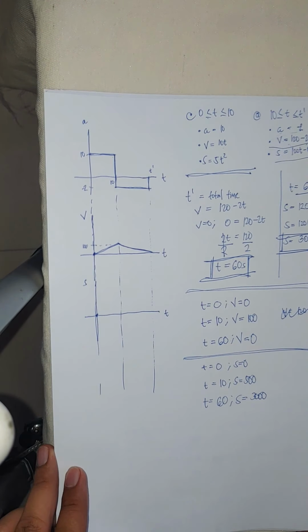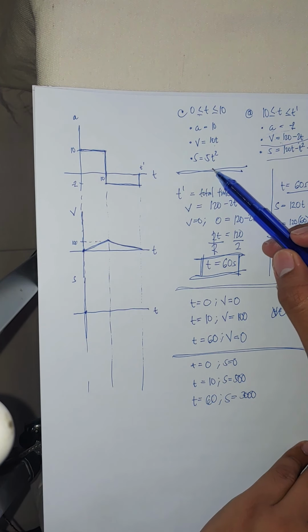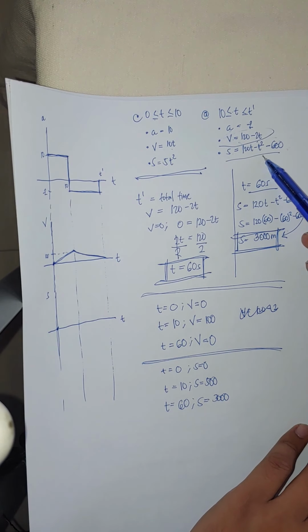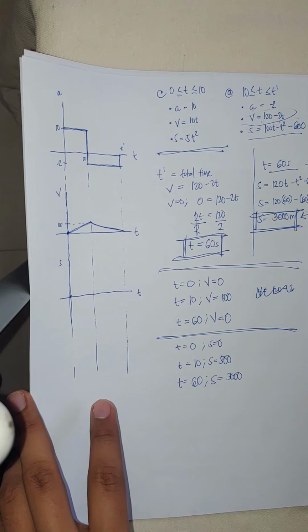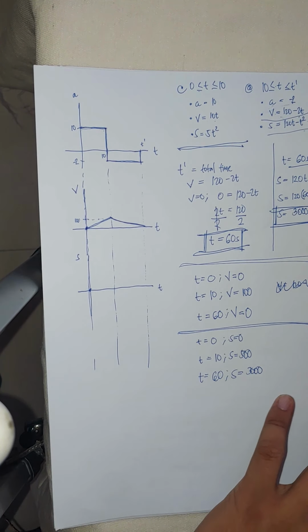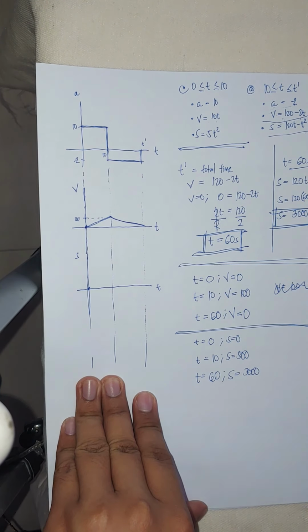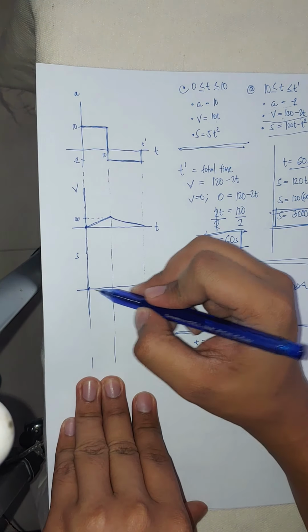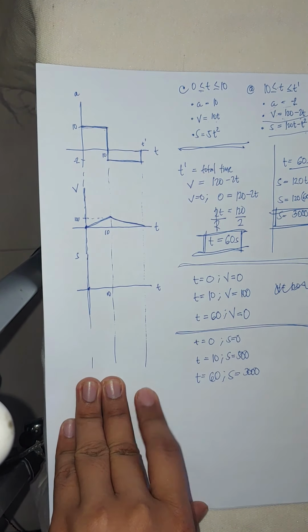So, karon unsaon man ni nato pag-graph? Notice that the position function is on the second degree, that is quadratic. Kung second degree na gani siya nga equation, pasabot ang graph pod is second degree nga curve. So, unsaon na to pag-curve? From 0 up to 10 seconds, ang position is 500.